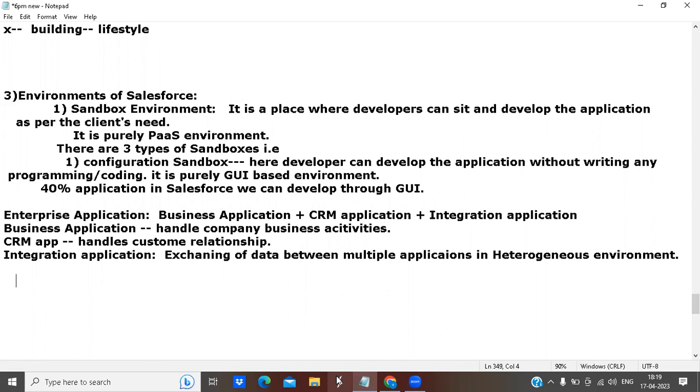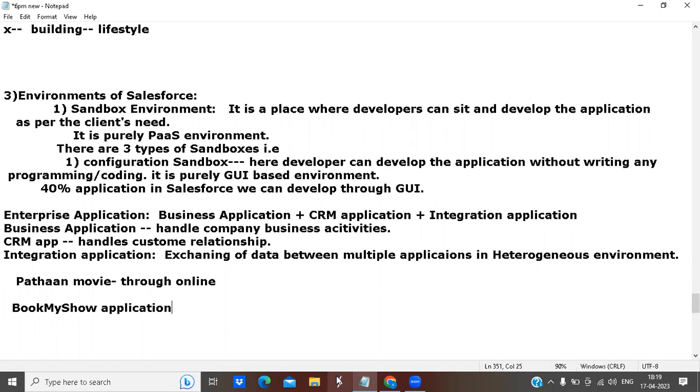Okay, for your better understanding, I'm giving a simple example. Let us assume I want to go to a Shahrukh Khan movie. I want to book a ticket through online. If you want to book the ticket online, what we have to do? We need to open something like the Bookmate application.